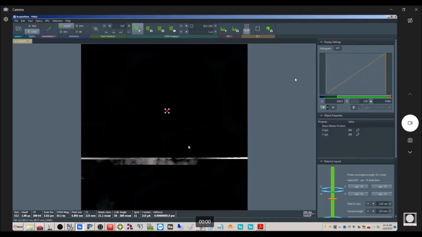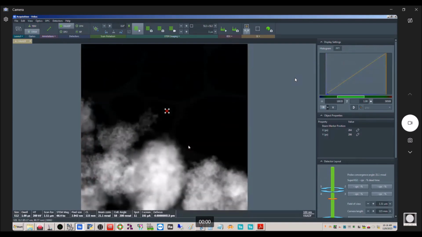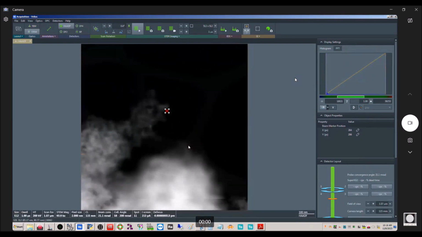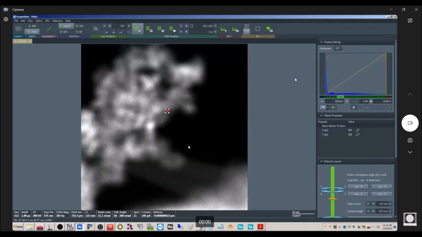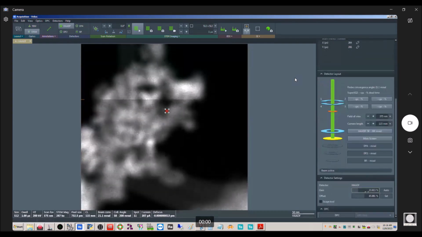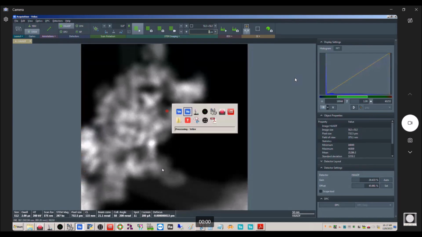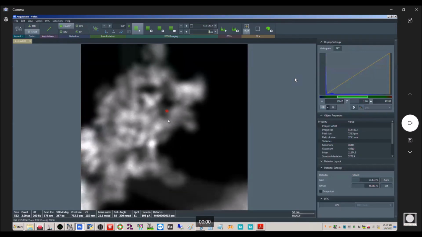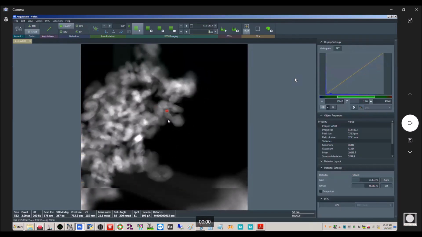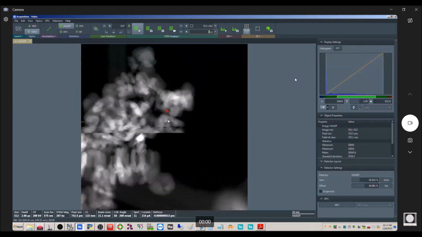So let's find us some particles. All right, and again, just like in normal STEM, we want to be doing our coarse focusing with Z here. Yep, so right about like that. So we can see those particles really well.